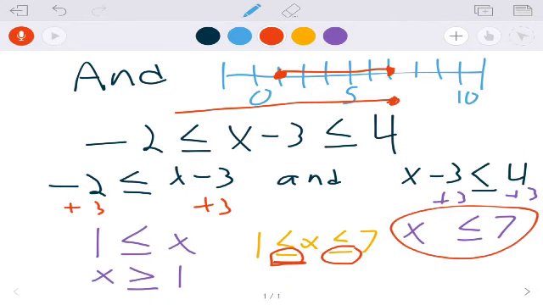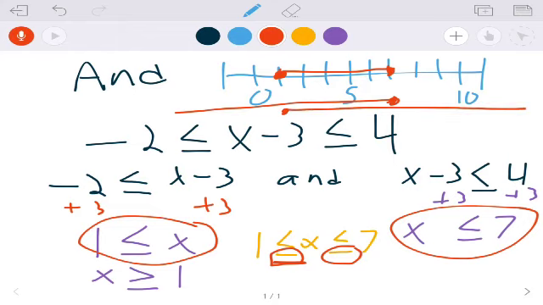And this one starts right here and goes this way forever. What we'll notice is right here is where they are both true. This is where and applies: this and that is true. As opposed to if it was or, any number would work because it would meet one of these two criteria.